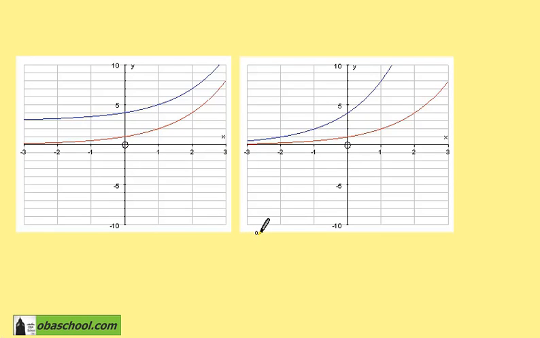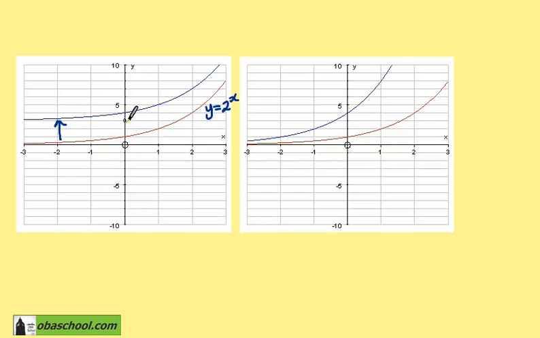Exponential graphs are subject to the same types of transformation as any other type of graph. If we look at this graph here, the red curve is y equals 2 to the x, which we've met before.